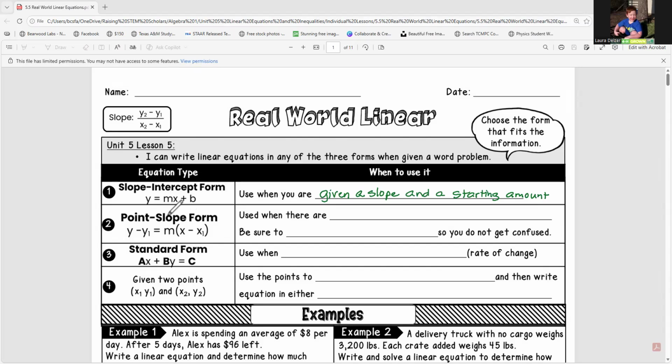Okay, so how you'll know to use the point slope form is what'll happen is you might be given two different rates for two different amounts.